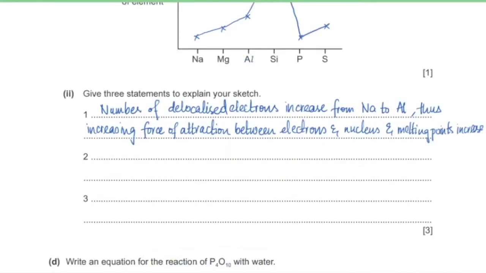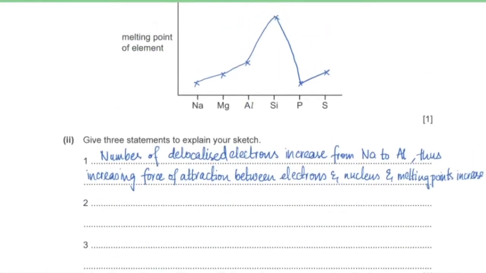Now, second explanation would be related to silicon. Why this is having the highest melting point among all the other period 3 elements. Silicon has got a giant covalent structure and has the highest melting point due to its strong covalent bonds.